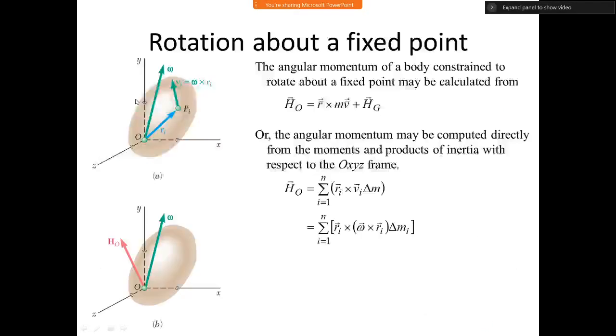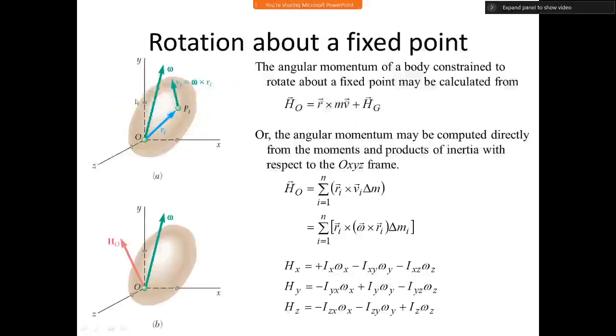About the fixed point, rotation about the fixed point, we have the same set of equations. And now in this case, Ixy, Ixz, these cross terms are 0 because it is a symmetric disk. So if we have a symmetric axis, then the cross products are 0, and those correspond to the principal axes.